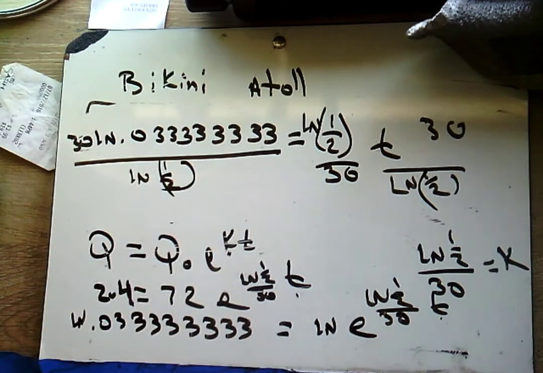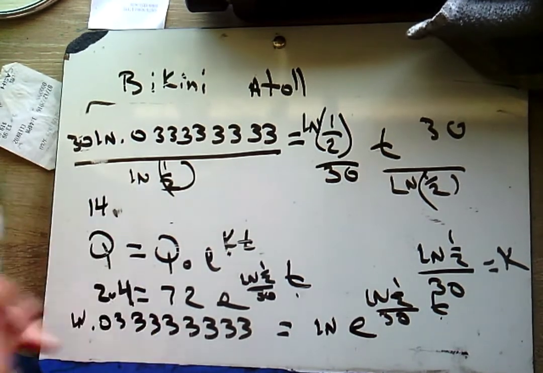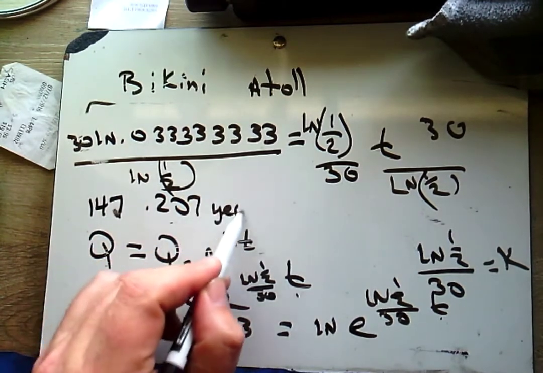So let's see what happens. I'm taking the ln of this number, and then second answer. Okay, and I'm multiplying that number by 30, and then I'm dividing that by ln of a half. And I end up with 147.207 years.